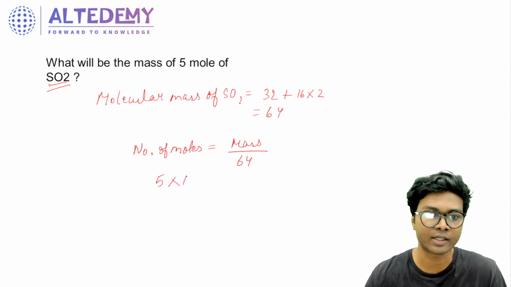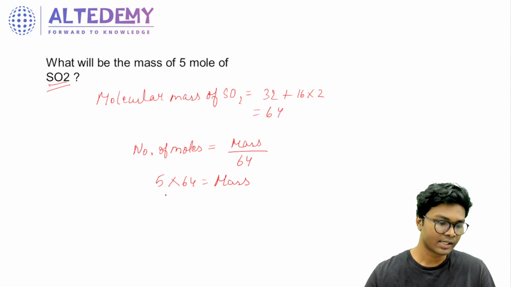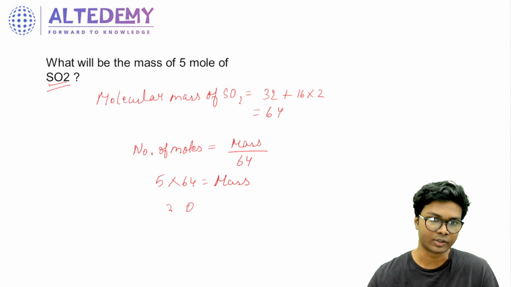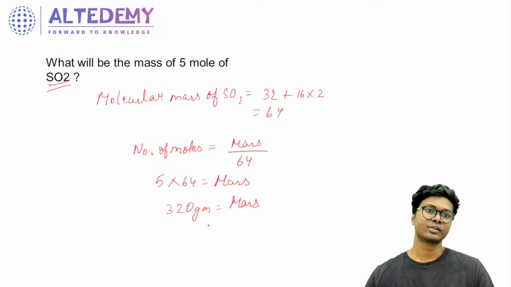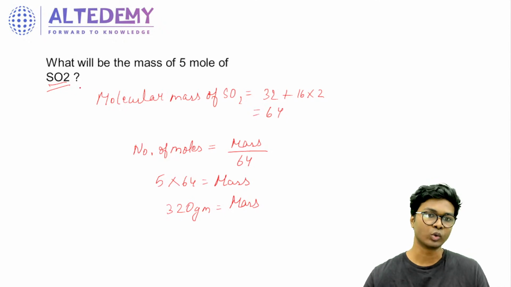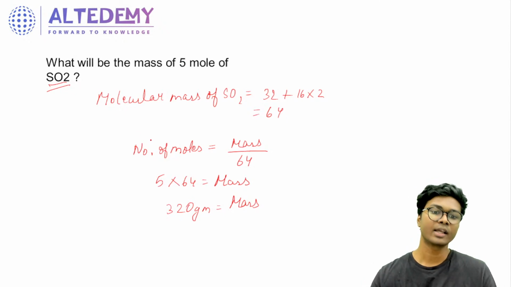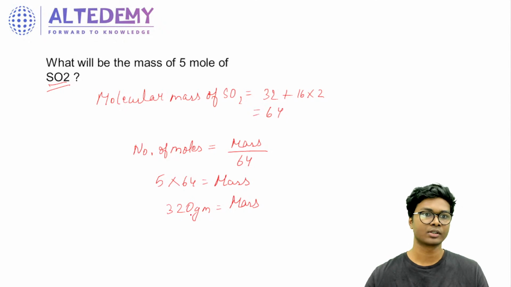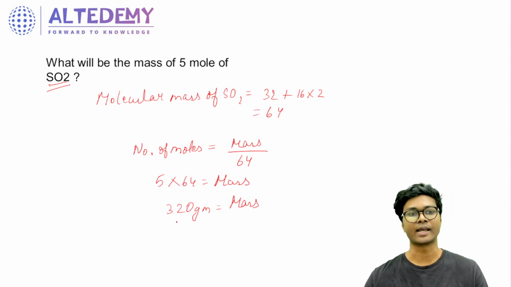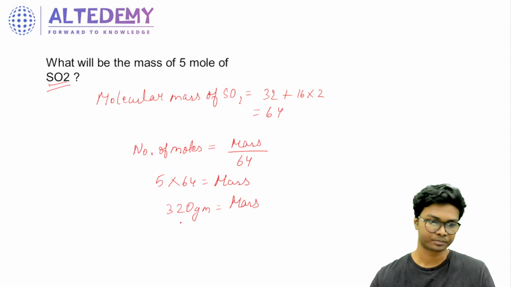So 5 times 64 will give the mass. So 5 times 64 is 320 grams. So when we say 5 moles of SO2, then we mean 320 grams. 5 moles of SO2 means 320 grams of SO2. Got it?